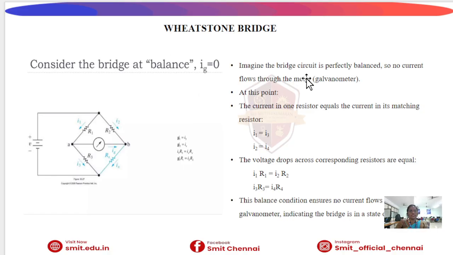Let's understand what happens when a Wheatstone bridge is in balanced condition. The Wheatstone bridge consists of four resistors arranged in a diamond shape with a galvanometer connected between the middle points. Now, when we say the bridge is balanced, it means no current flows through the galvanometer.